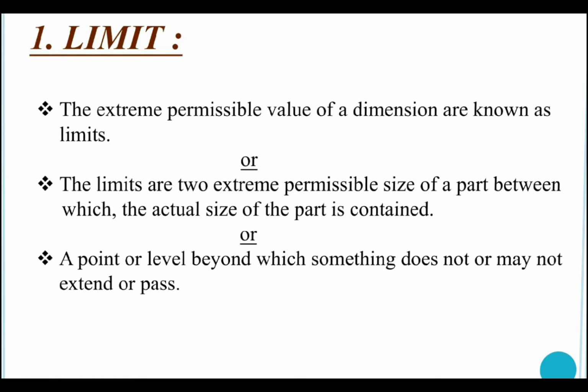That means anything having a boundary that it does not exceed is called a limit. For example, if you are going from one point to another, we cannot go away from that second point. That is called the limit, that is the boundary.